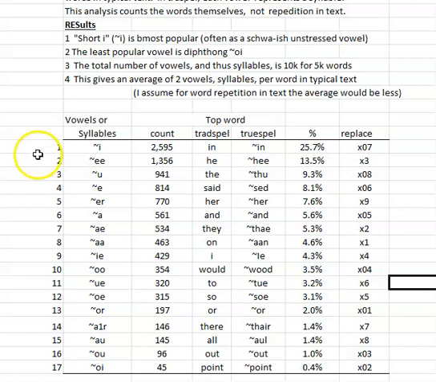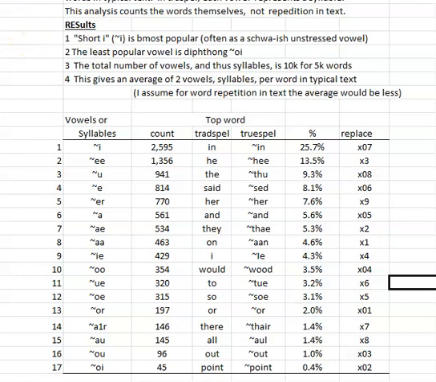This is USA accent. And the least used is oi, as in the word point. And that is far and away the least used vowel in U.S. English.